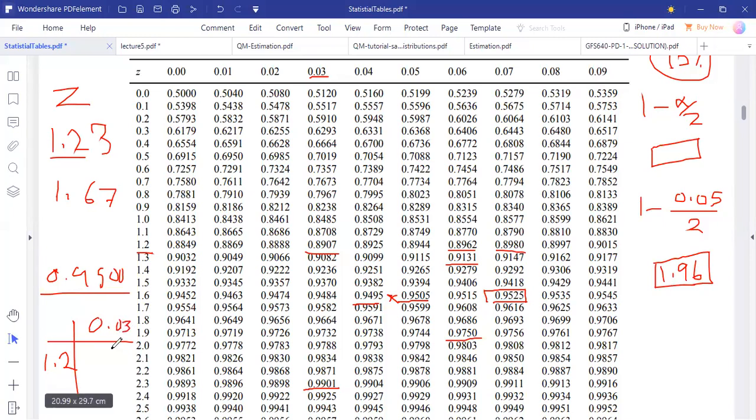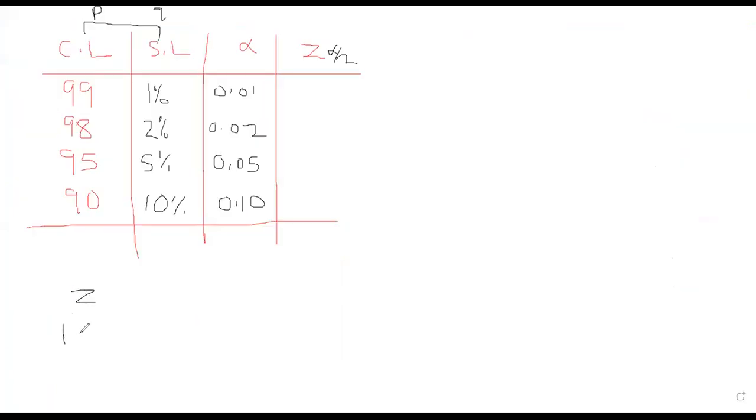I'll teach those later on. So for now, it is just a Z table that we're looking at. So for 1.23, you go under 1.2 and 0.03, where they meet at 0.8907. So the Z of 1.23 will give us a probability of what? 0.8907.